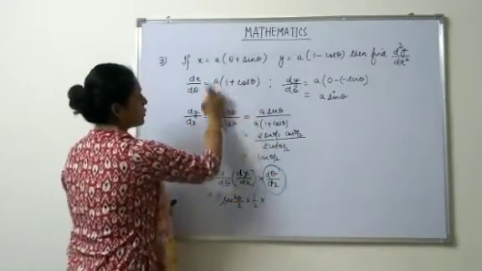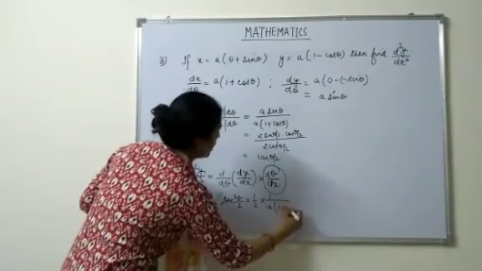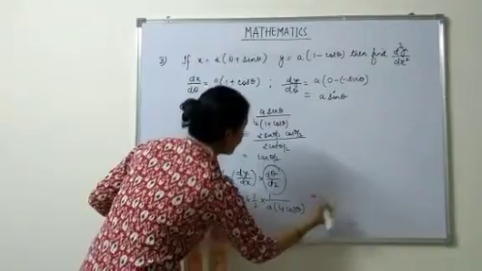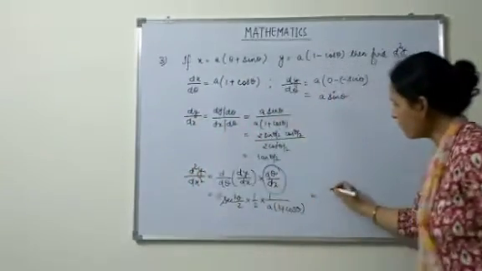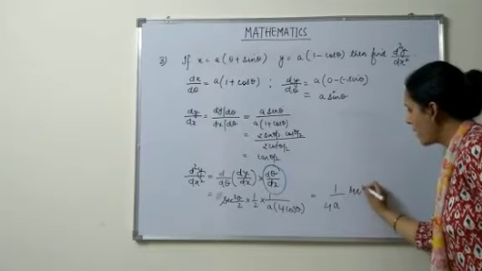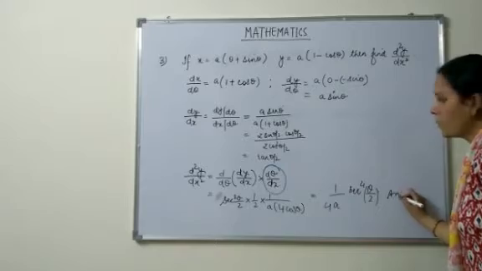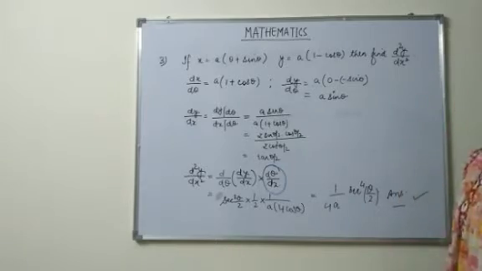We'll take the inverse of this, so this becomes 1 upon a(1 plus cos theta), and when we solve this, we will get 1 upon 4a sec 4 theta by 2. So this will be our required answer.